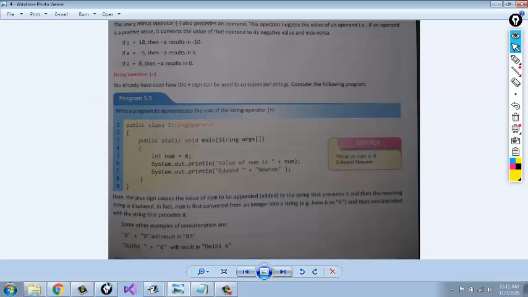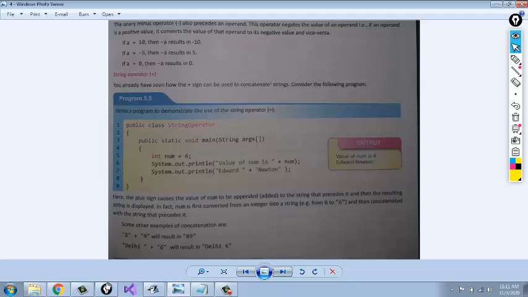Here you can see an example, program 5.5. int num is equal to 6. System.out.println, "value of num is" plus num. See, this "value of num is" is written in double quotes, isn't it? That is known as a string, and this string will be concatenated with the value of num.